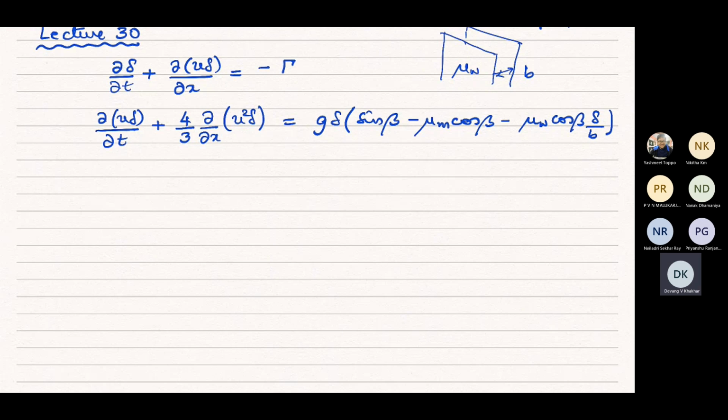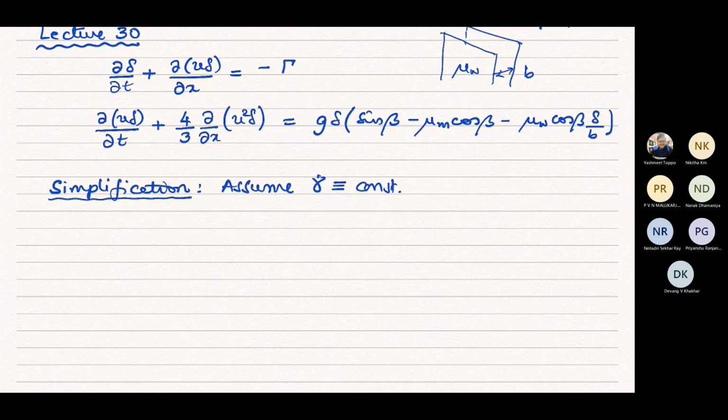So the first thing is, let's look at a simplification, which is to assume gamma dot is just a constant. That is, it doesn't depend on space or time. And this is often seen in some cases. In some of the flows, this may be a good approximation.